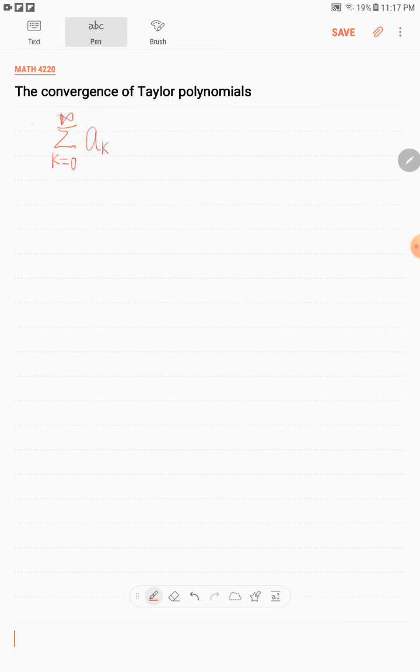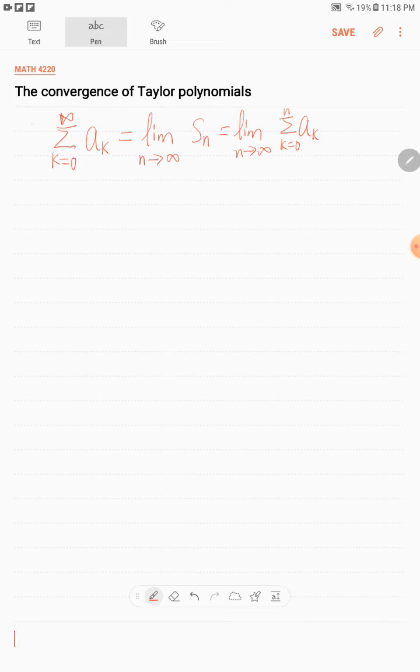This is the series, which is the limit as n approaches infinity of the sequence of partial sums, which is the limit as n approaches infinity of the summation k from 0 to n of a sub k. Right, this is the series.